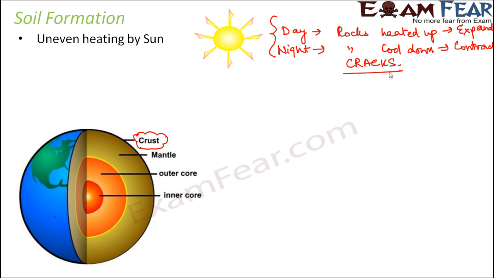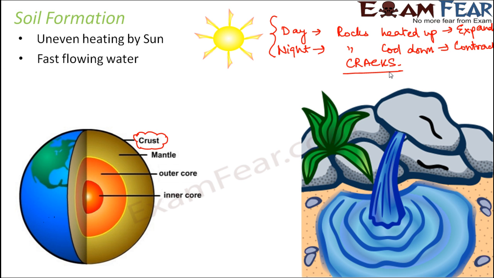Now, how do these rocks break into smaller pieces? So here, water also plays an important role. Sometimes very fast flowing water might enter into the cracks of the rocks. For example, let us say that this is a rock.